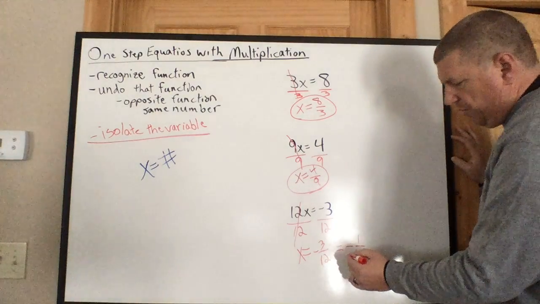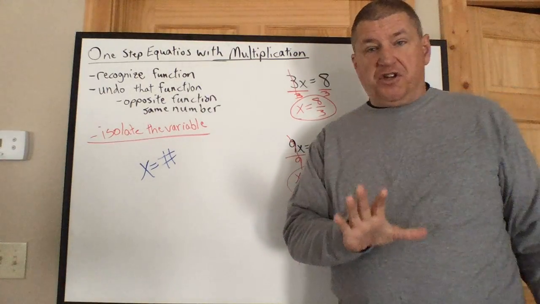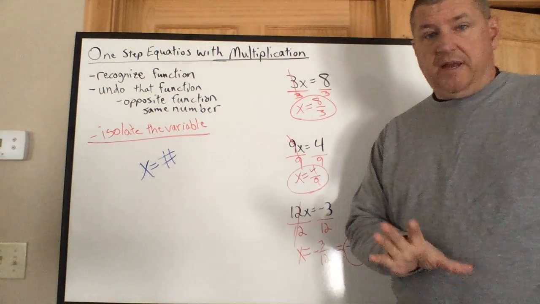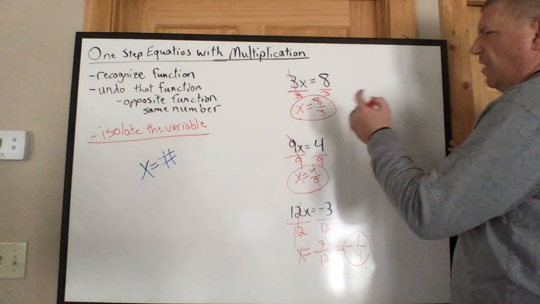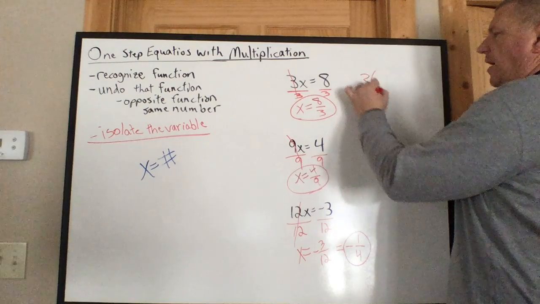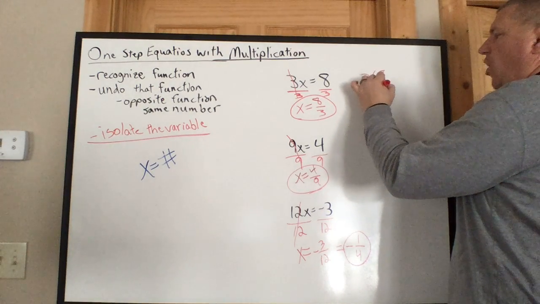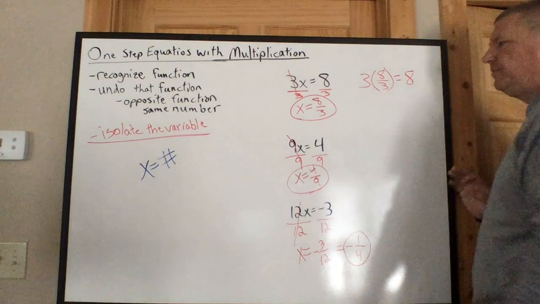Now part of our method is also to check and make sure our answers are correct. And how do we do that? We plug them back in. So I look back up here, and I'll just do one of them so that you see that. So we have 3 times the quantity 8 over 3, equals 8.